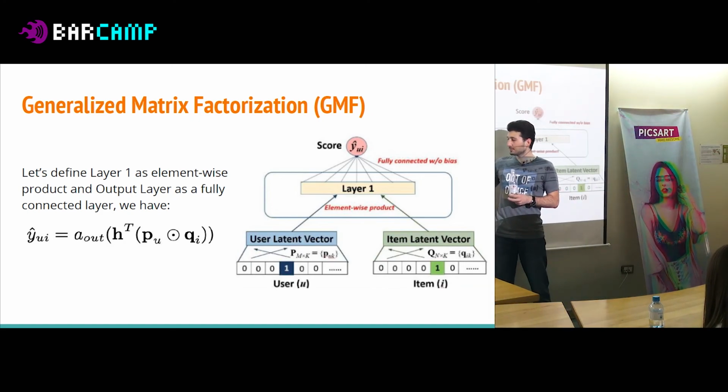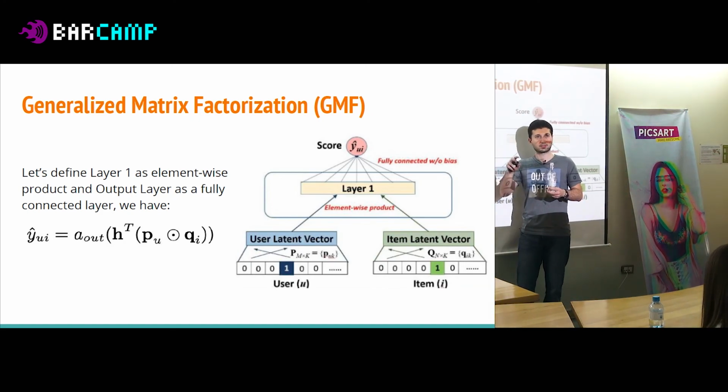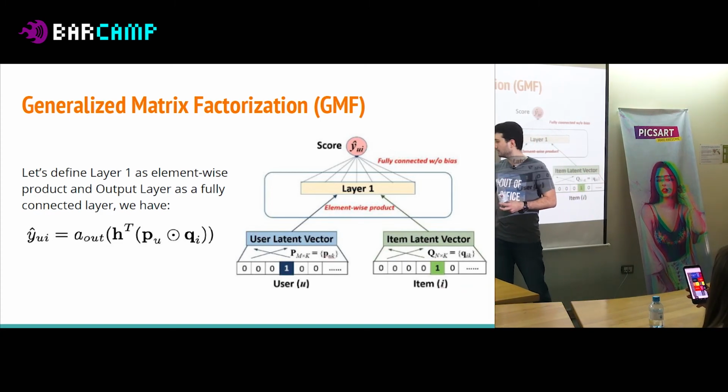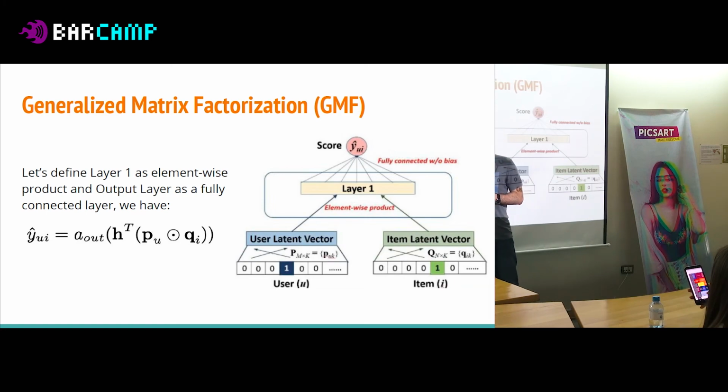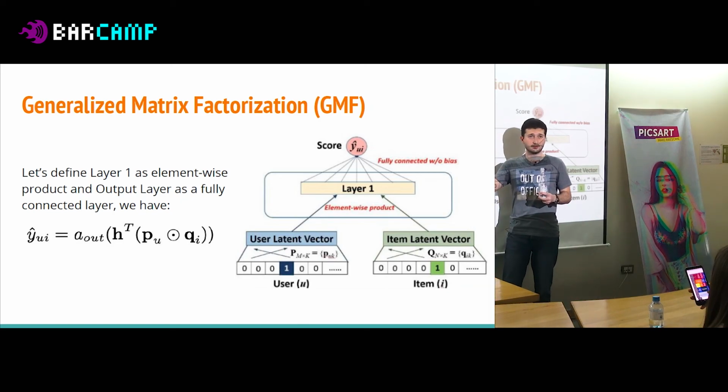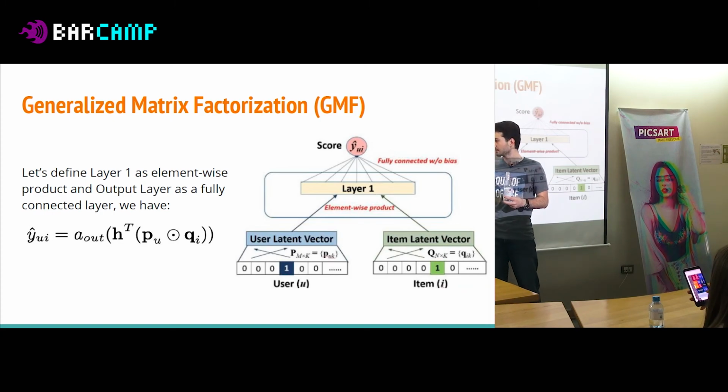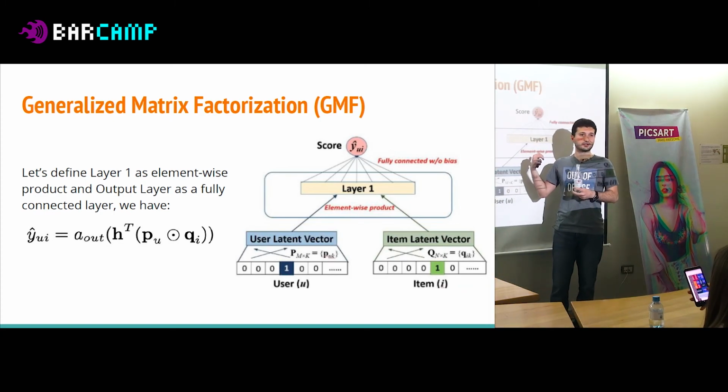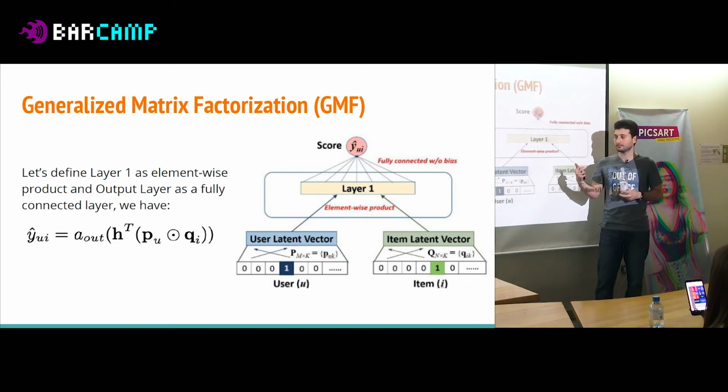We do an element-wise product, so this is the first step of the inner product, and then we put some weights here, and then an activation function. So imagine we get rid of the activation function. Imagine we enforce these weights to be uniformly just one. We get matrix factorization in its most basic form. So we can already generalize matrix factorization as the network.